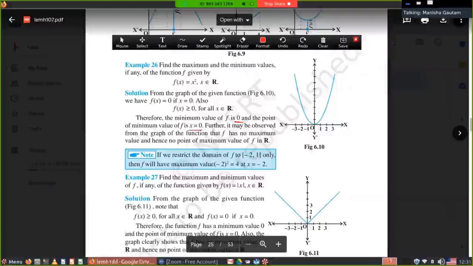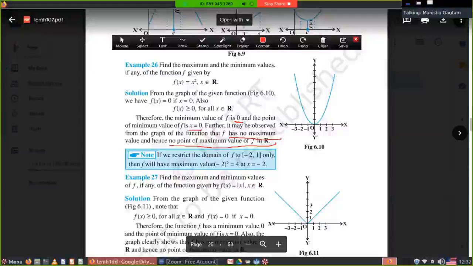Further, it may be observed from the graph of the function that f has no maximum value and hence no point of maximum value of f in R. It means you can't find out x which is maximum. If you can't find x which is maximum, then how can you get the maximum value corresponding to that x? So only the minimum value can be calculated in this. Maximum cannot be calculated. No maximum value will be there.